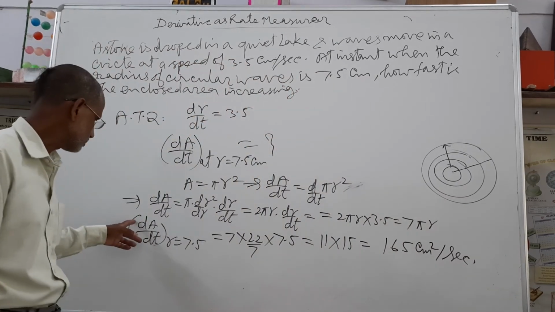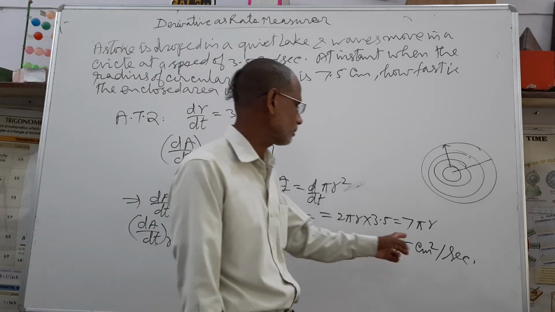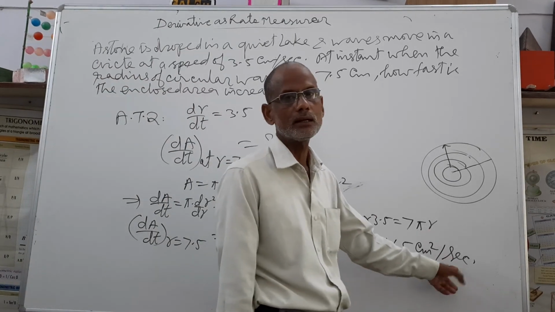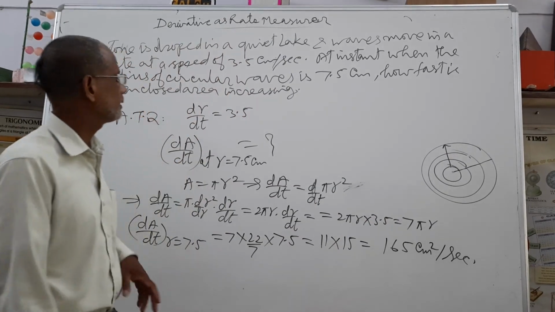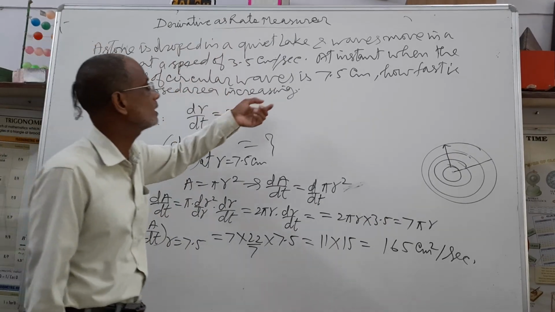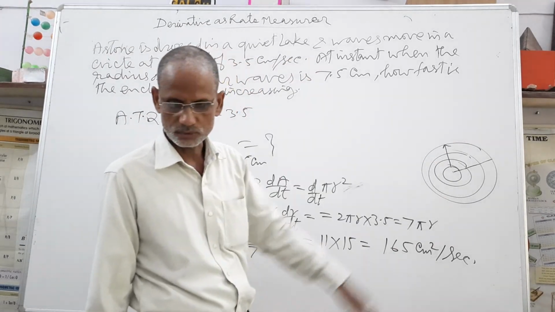You find rate of change of area. Therefore, its unit becomes centimeter square per second, not centimeter per second. Remember it. And dr dt is in terms of centimeter per second because radius is a linear quantity.